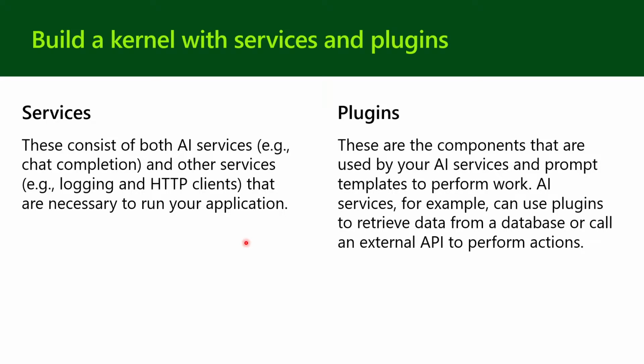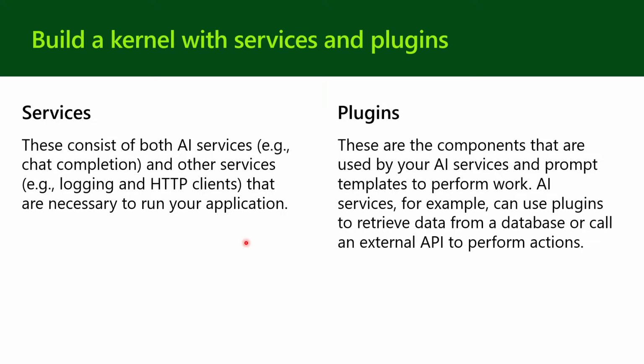What are those services? Before building a kernel, you should first understand two types of components in the kernel. The first one is the services. The second one is the plugins. Services are the AI services which I showed you, for example, chat completion services. For example, logging, enterprise services, or HTTP calls.